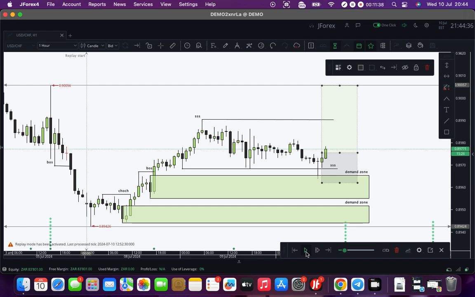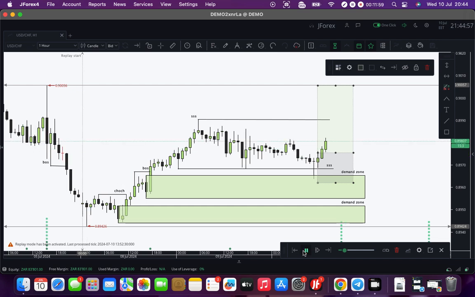You can see your trade has been triggered. You understand? Once it gets here, you move your stop loss into break even. You have to wait for the market to actually tap to your demand zone and break above, and then that's where you can look for longs in the market. So just like that, you are in profit.